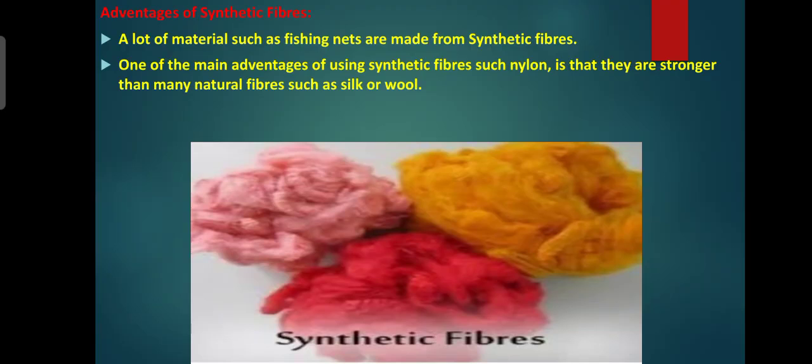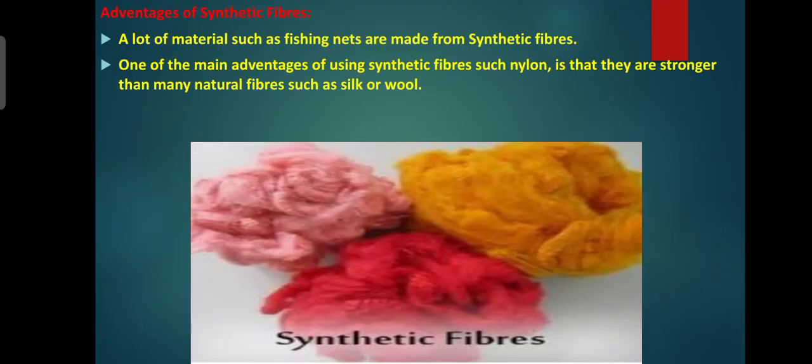Do you ever think about why some of your clothes do not need ironing and look bright and colorful for many years? This is because they are made from synthetic fibers such as polyester, and the advantage is that they do not wrinkle easily and they keep their color and brightness for a much longer time than natural fibers such as cotton.